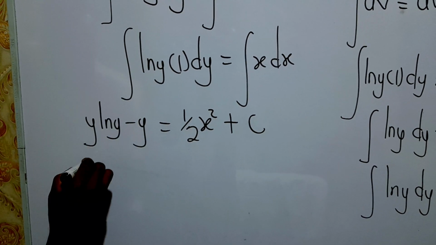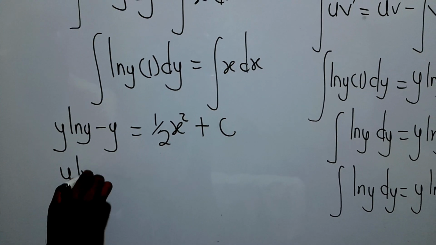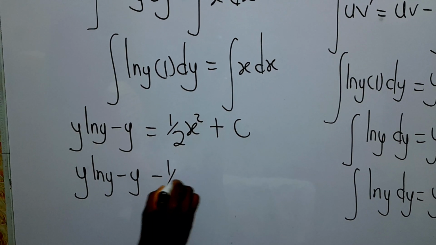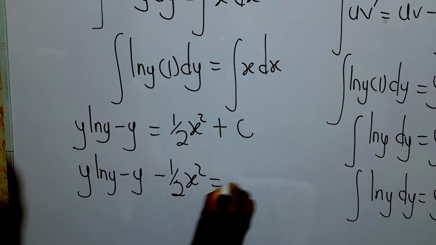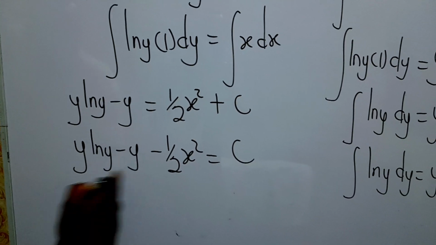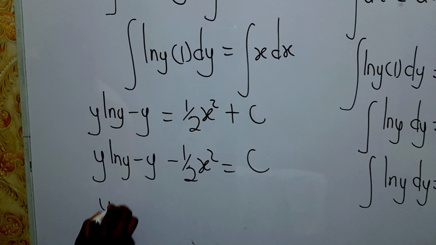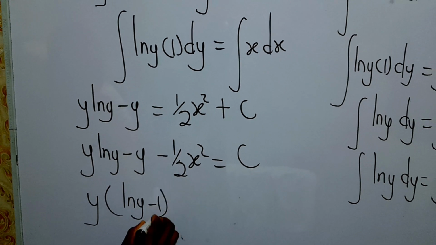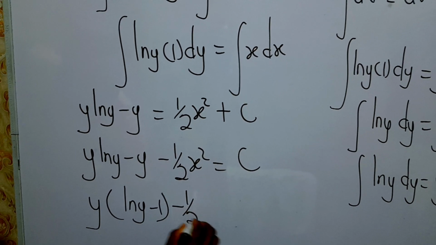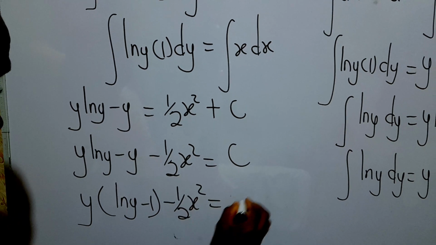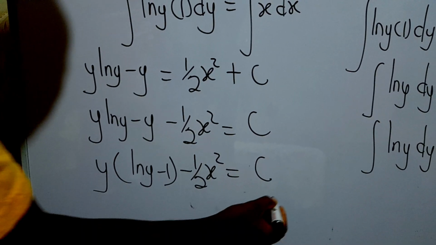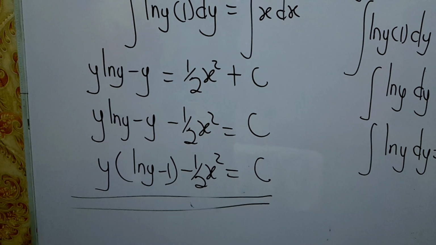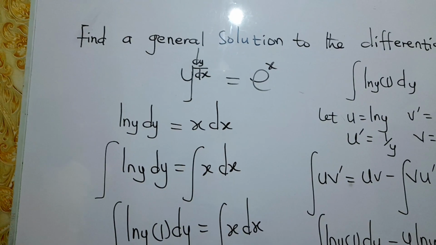So we can bring this here: we have y ln y minus y minus half x squared equal to our constant c. Our y is common here, so we can pull it out and say y(ln y minus 1) minus half x squared equal to a constant c. Then this becomes our general solution to our differential equation.